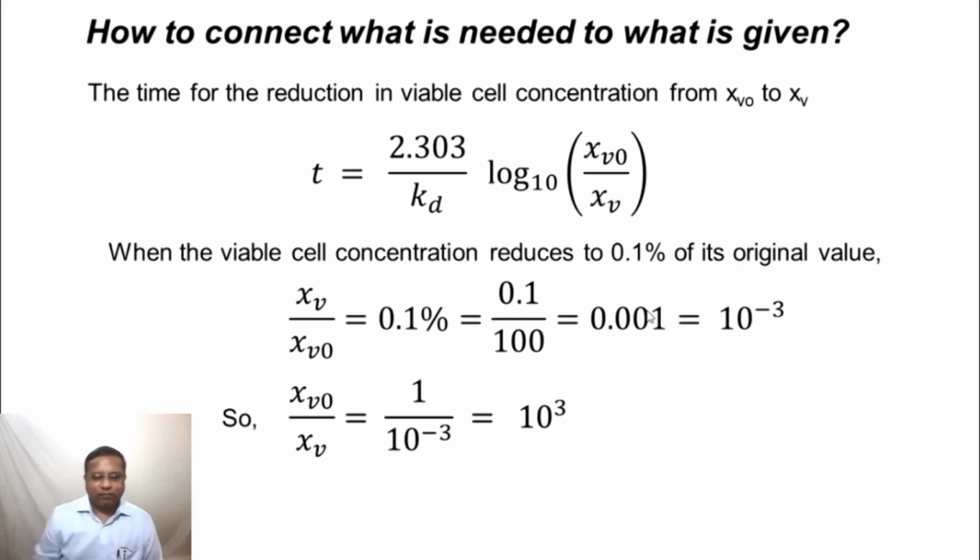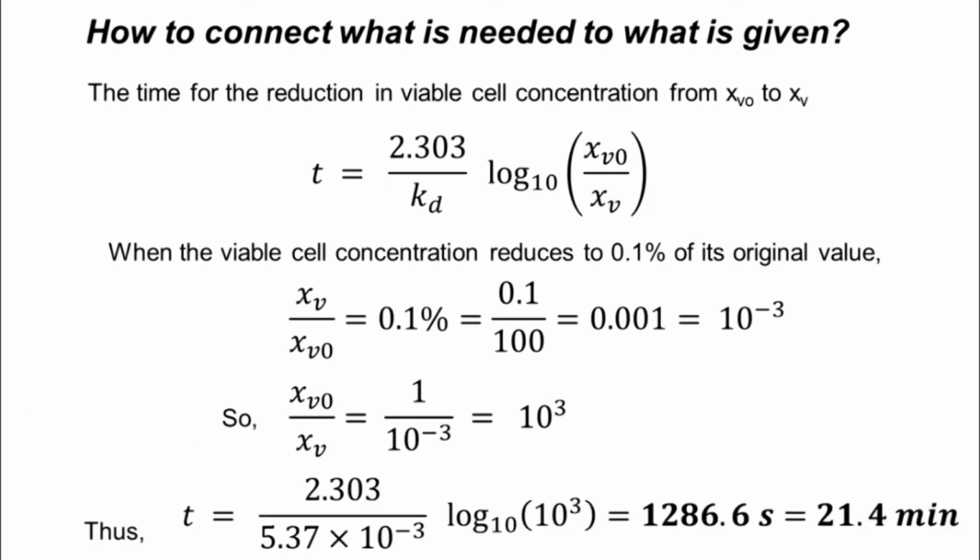So xv naught by xv, if we flip it around, will be 1 by 10 power minus 3, or 10 power 3. And thus the time required for the viable cell concentration to reduce to 0.1% of its original value would be just substitution of the known values into this equation: 2.303 by 5.37 into 10 power minus 3 log to the base 10 of 10 power 3.